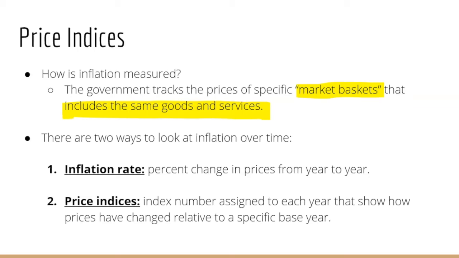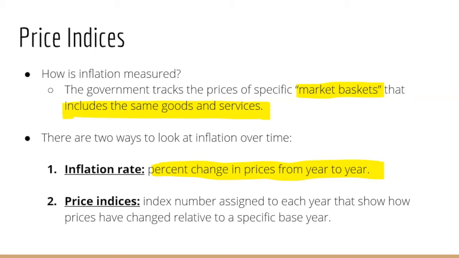There are really two different ways that we can look at inflation over time. The first is the inflation rate. The inflation rate is just the percentage change in prices from year to year. So if something goes from $2 to $4, our inflation rate is going to be 100%. The other way is through something called price indices.